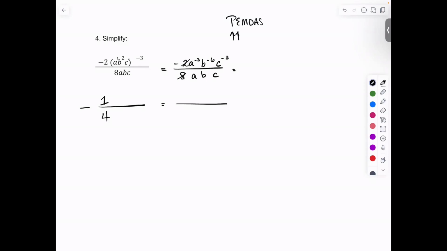At this point, I just address each exponent individually. So I have A to the -3 divided out by A. Using our rules, we're going to subtract: A to the -3 minus 1 equals A to the -4.